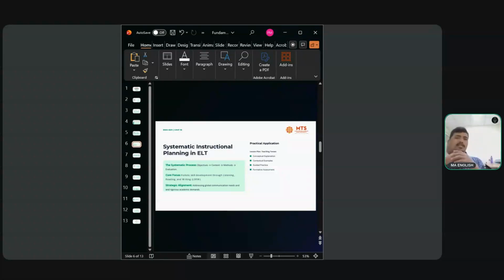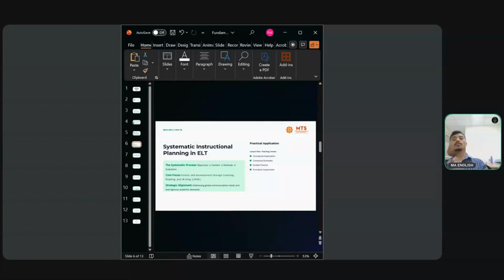Okay, now the central concept in this unit is LSRW. What is this? Listening, speaking, reading, and writing. These are the four core language skills, and a good ELT lesson plan should aim to develop all four, not just one or two.